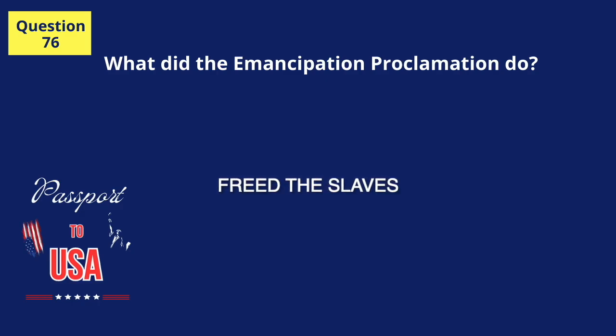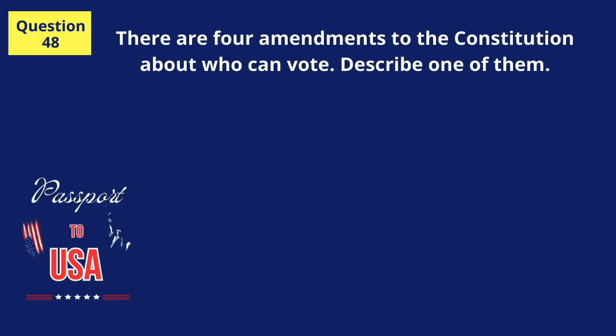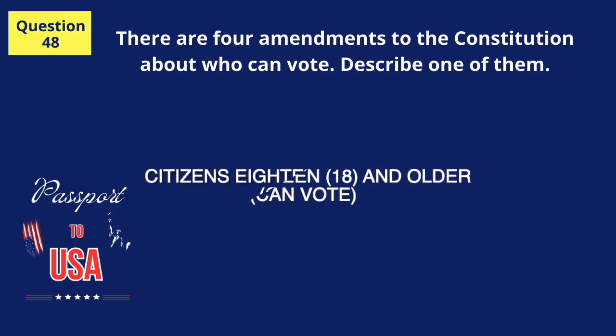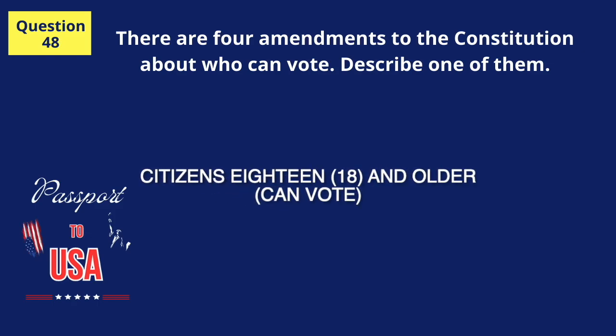Freed the slaves. There are 4 amendments to the Constitution about who can vote. Describe one of them. Citizens 18 and older can vote.